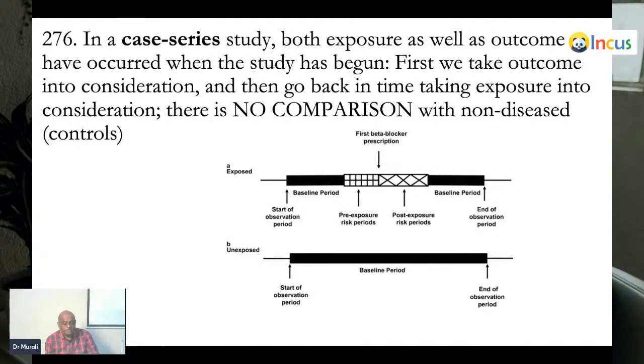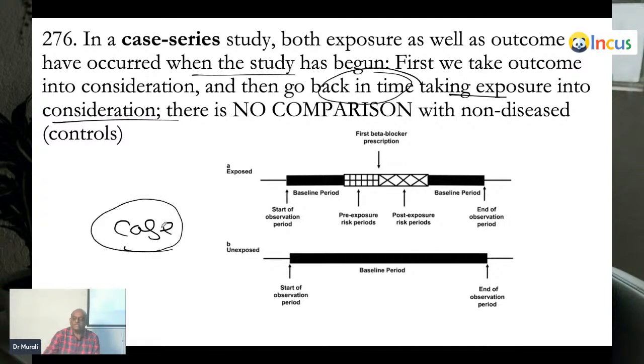Then what is case series? Both exposure as well as outcome have occurred when the study has begun. In case series, first we take the outcome into consideration and then go back in time taking exposure into consideration. Right? Then why don't you call that case control? In case control also, there are already cases.